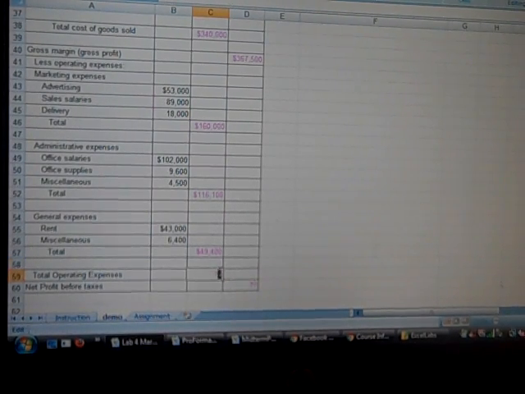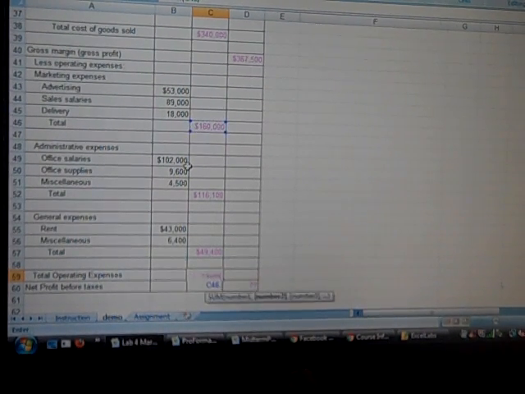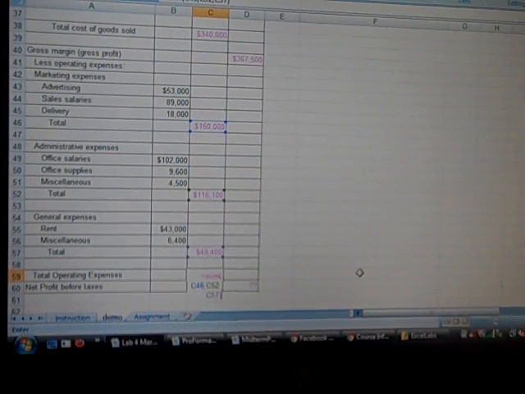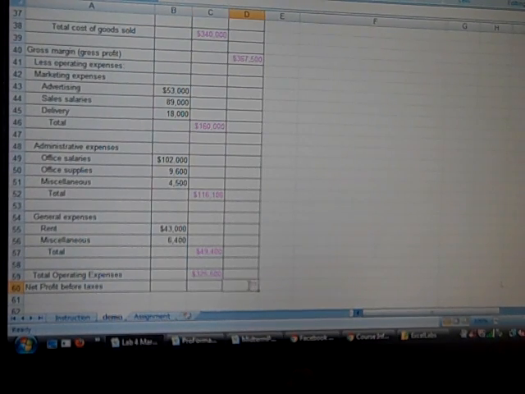Okay, so now you want to find the total operating expenses. So you're just going to tally up all these. So total 1, total 2, and total 3. Press enter. 325,500.